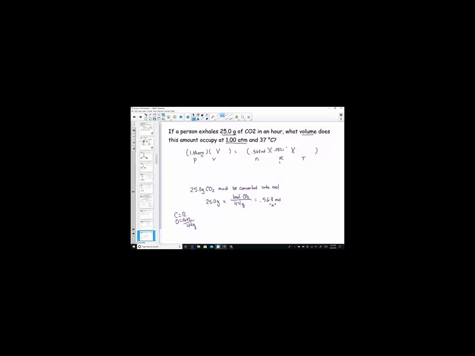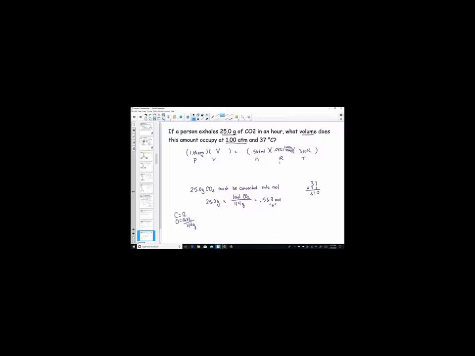If that helps you with a calendar date to help you remember R, it helps me. That's liter atmosphere over Kelvin mole. That's what a derived unit is, to make you remember the atmosphere unit matches 0.0821. And then 37 in a Kelvin unit is our 310 temperature.